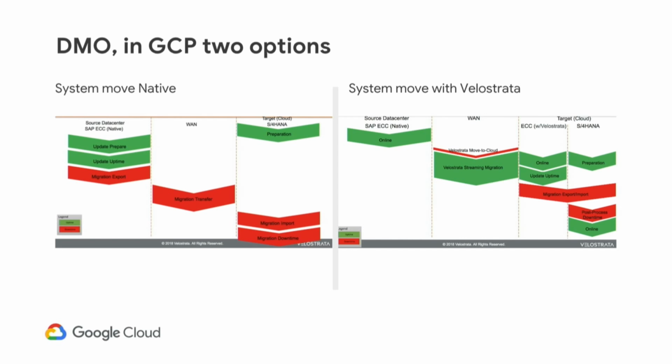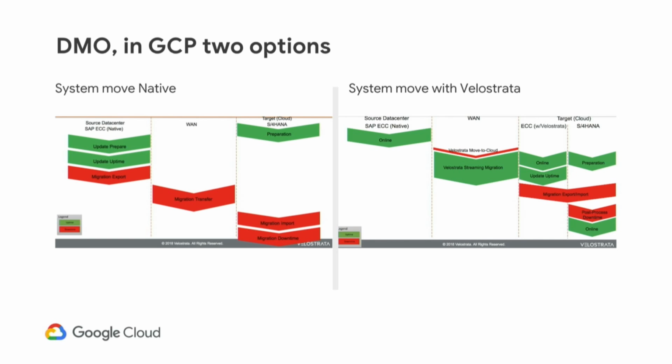Why is this a better solution? Again, we have the agentless approach. We have the streaming in terms of data and compute migration. So in essence, you face very little downtime while you are migrating to Google Cloud. And then once you are in Google Cloud, your data will reside in the same data center, so doing the system upgrade or database upgrade is actually much faster. You don't have to send big amounts of data over the wire.